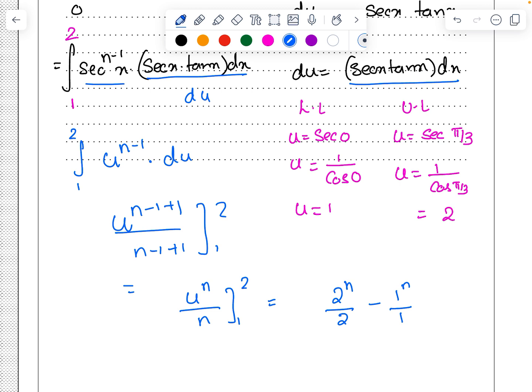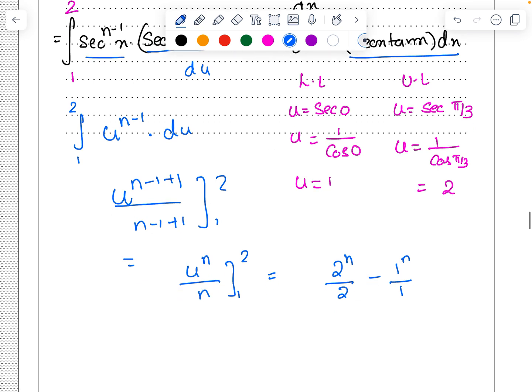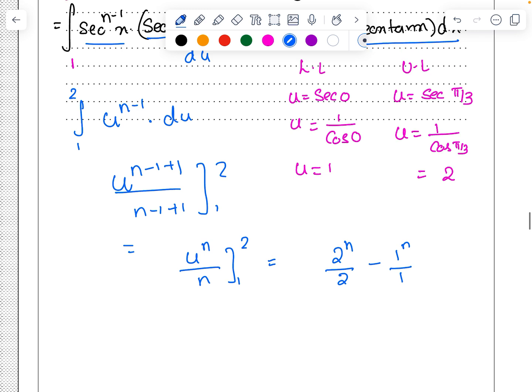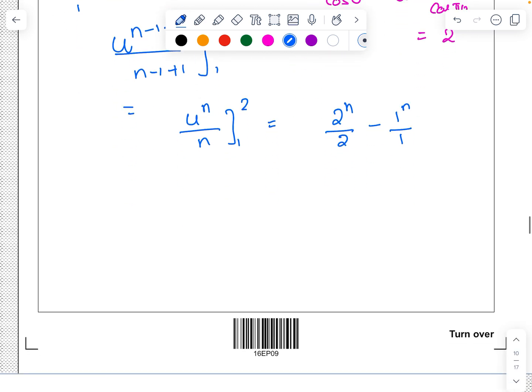Then I am going to get the answer as 2 to the power of n by n minus 1 to the power of n by n.